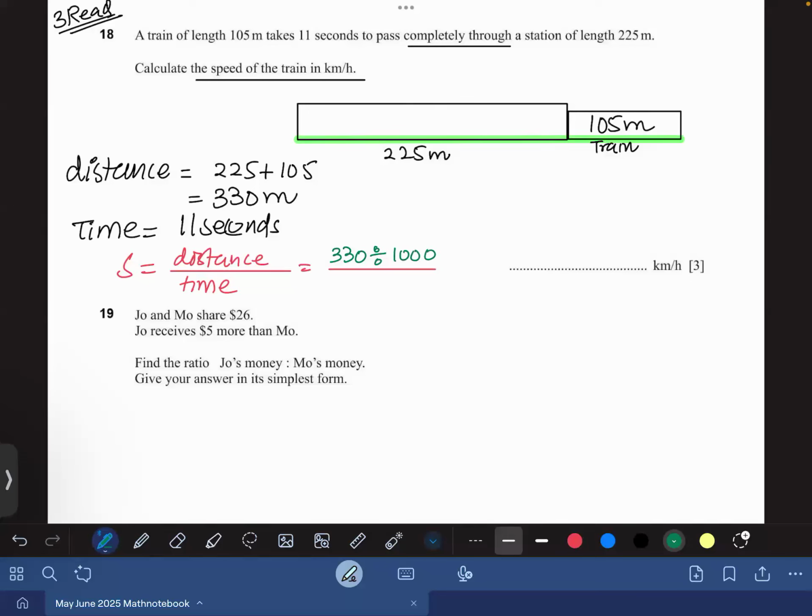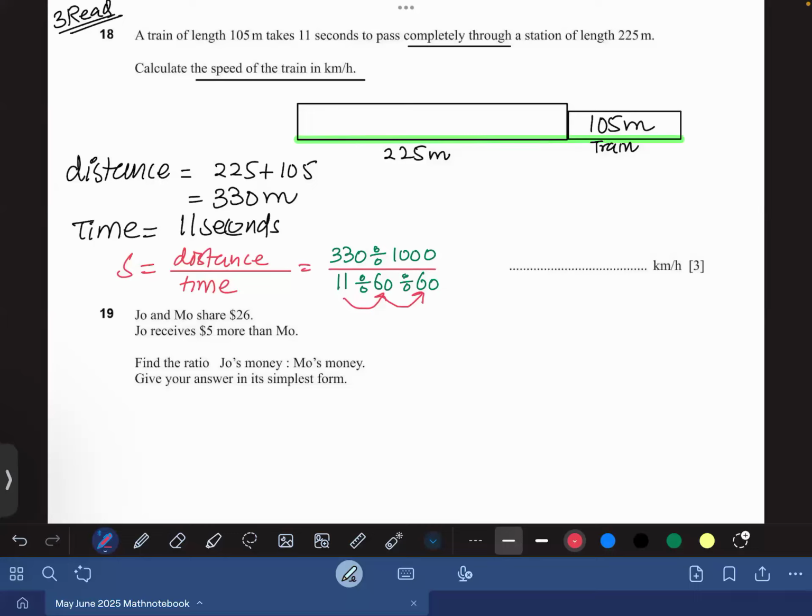And the denominator would be 11 seconds divided by 60 divided by 60, because 1 minute has 60 seconds, and every hour has 60 minutes as well. Agree, everybody?